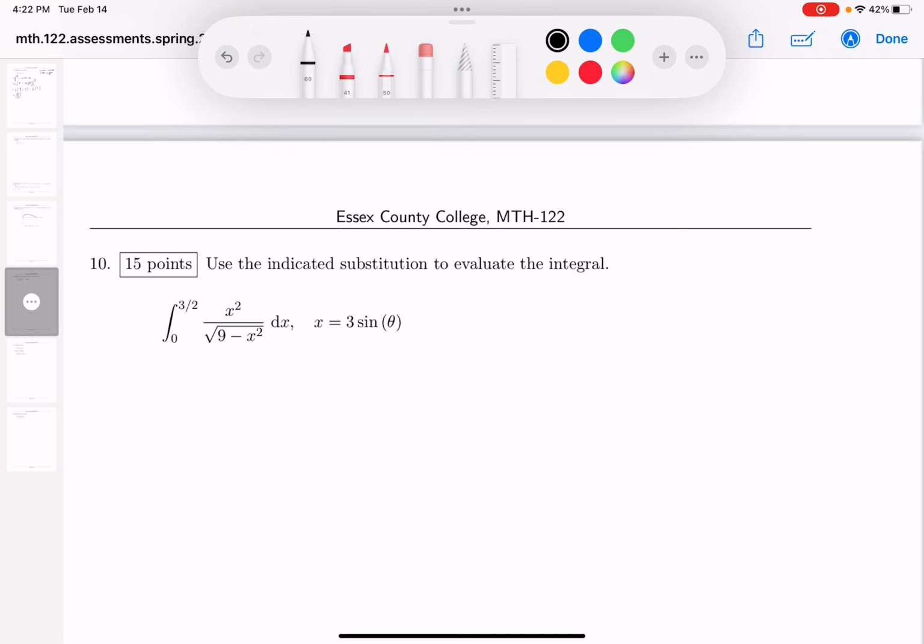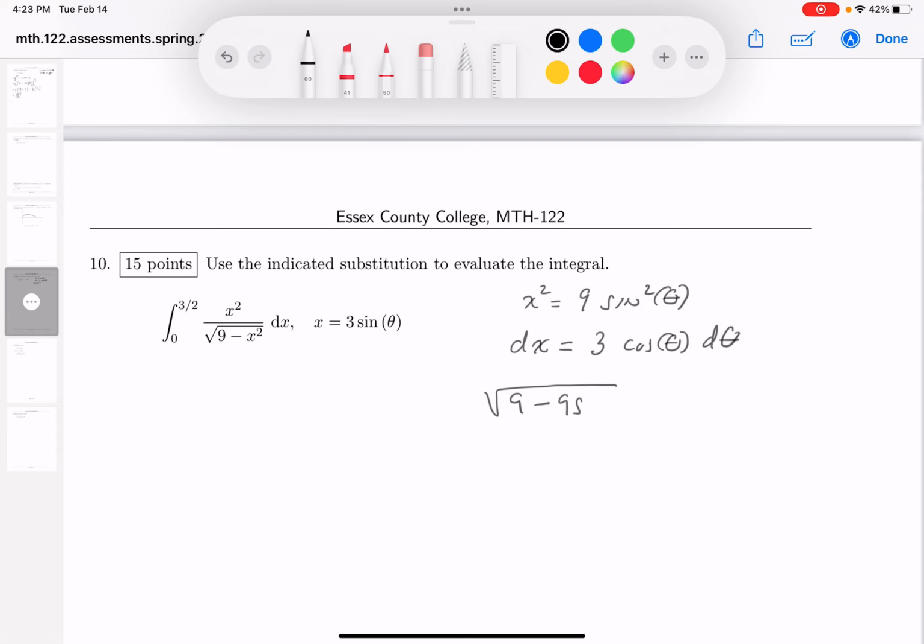First of all, I'd like to write down what x squared is because I see that in the problem. And that's going to be what? 9 sine squared theta. I'd also like to write what dx is. And dx would be 3 cosine theta d theta. All right? I'd also like to write down what 9 minus x squared is.